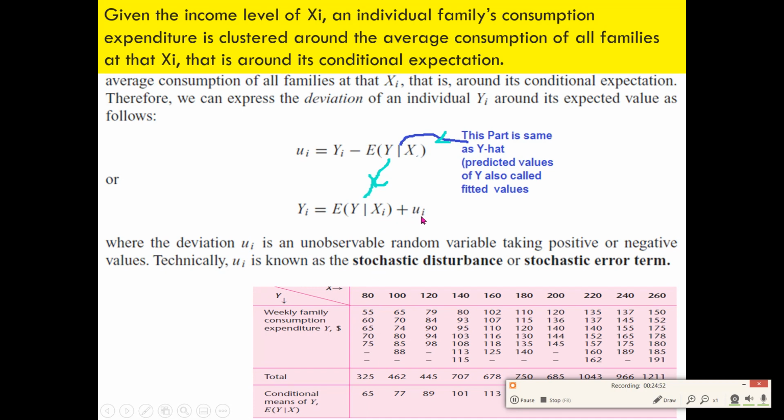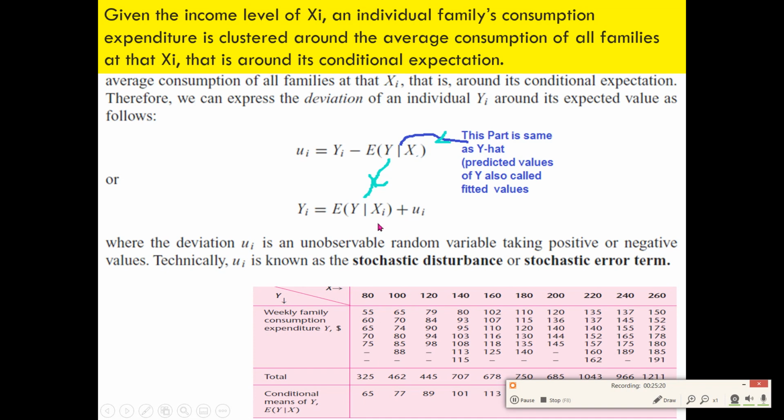we have added a term ui, which means that each actual value of consumption is equal to the estimated or predicted value of consumption plus the random error part, or plus the deviation between the actual consumption value and the conditional or expected consumption value, right?